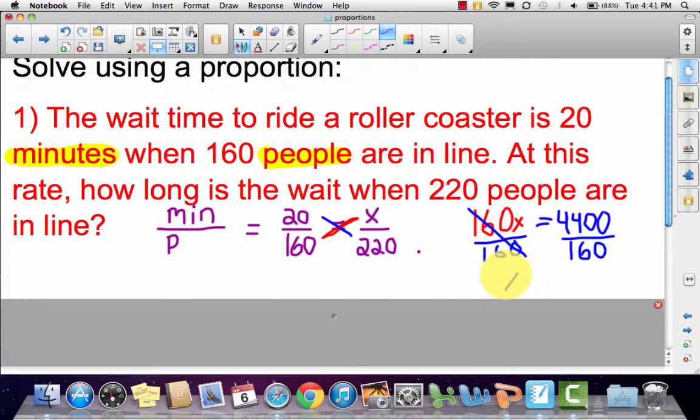So I'm going to say x equals 27.5, and my label for this, since the question was how much time, would be minutes.